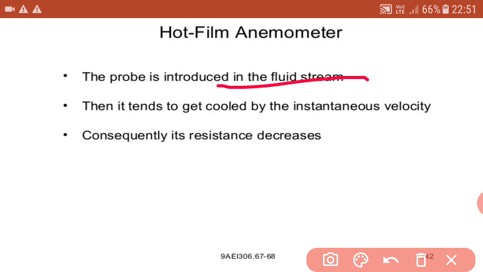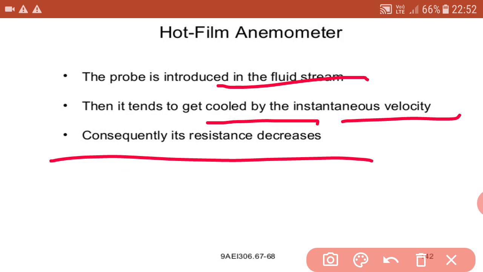Then it tends to get cooled by the instantaneous velocity, and consequently its resistance decreases. So this is the process of how the resistance decreases step by step.